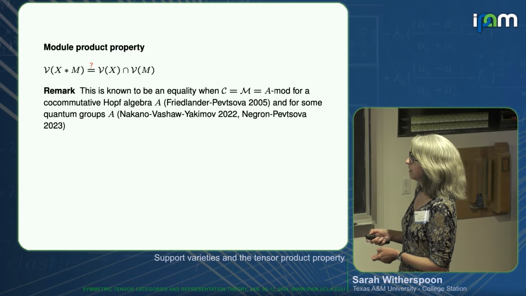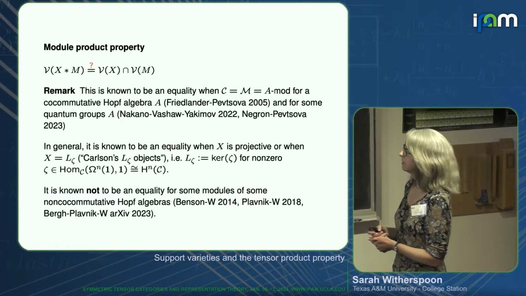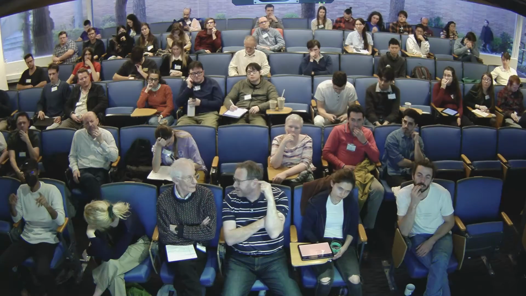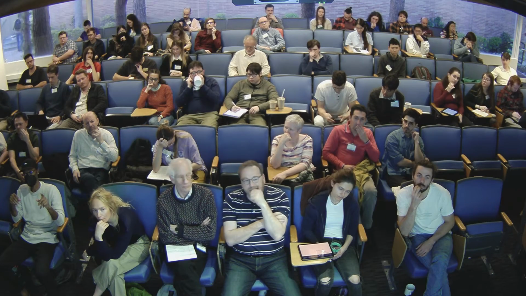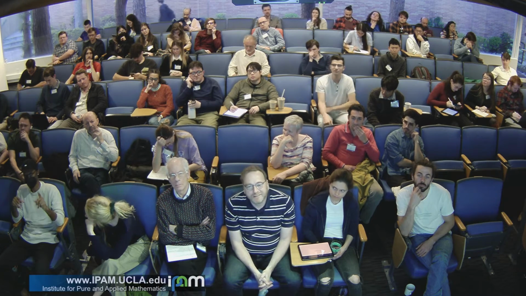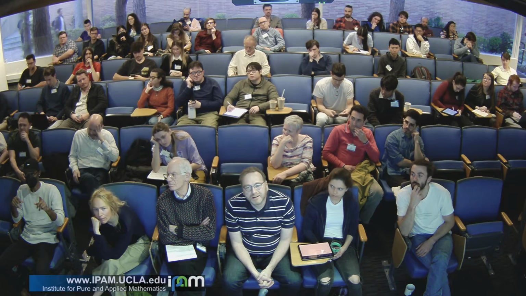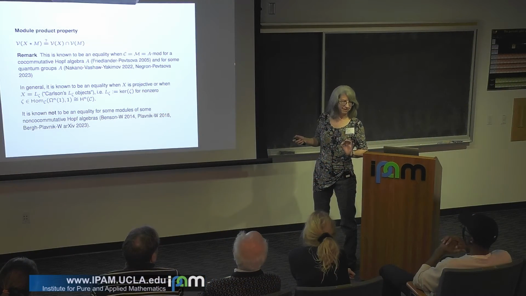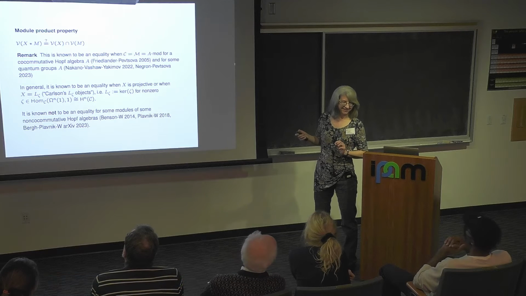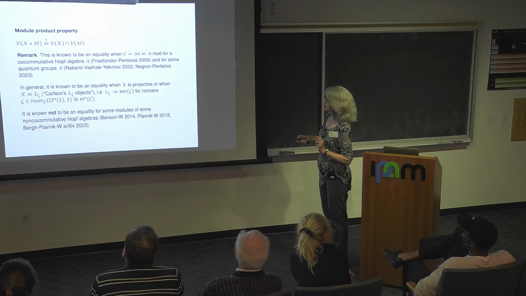Is it not the case that the module category tensor product property comes from, if I have the tensor product property for C over itself, do I not get it for module categories for free? That's a great question, and I'm hoping that you can answer it after the talk. It's a natural question, right?